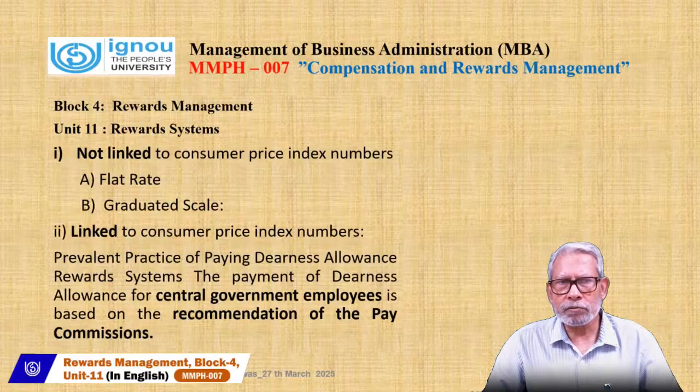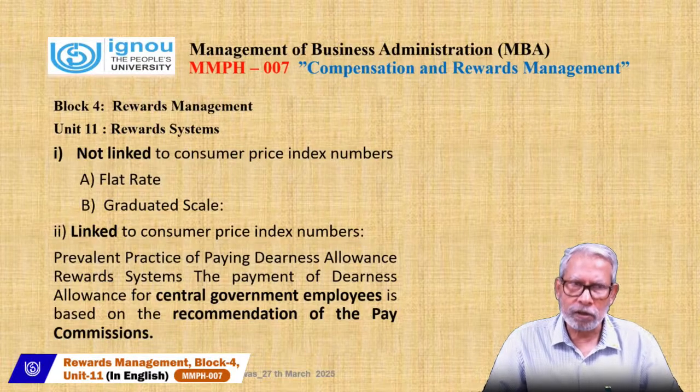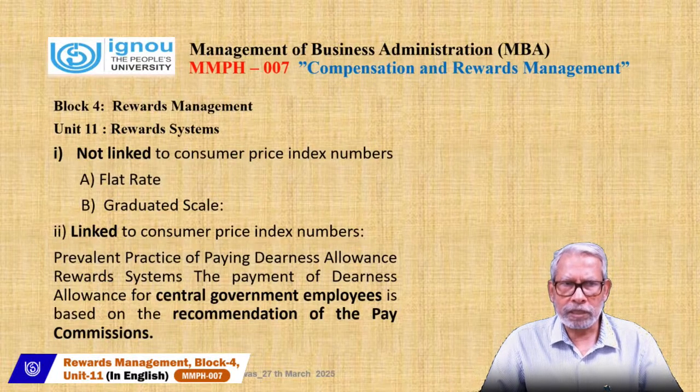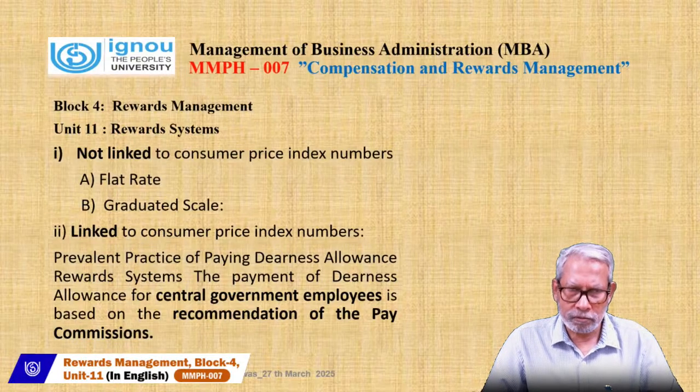So non-linked consumer price index is a flat rate and graduated scales, they are almost fixed. But linked consumer price index numbers are different.